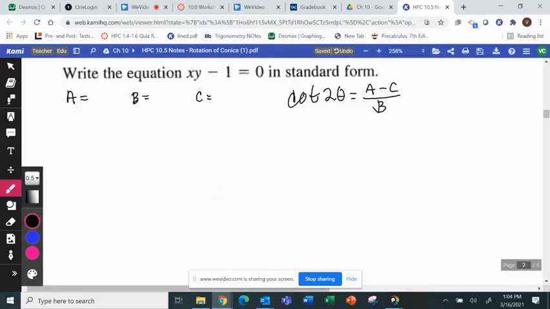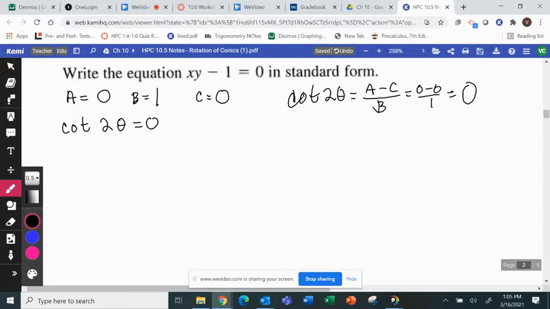We don't have one, 0. B is next to the xy, 1. C is next to y squared, 0. So I'm going to have 0 minus 0 over 1, so 0. Cotangent 2 theta is 0.